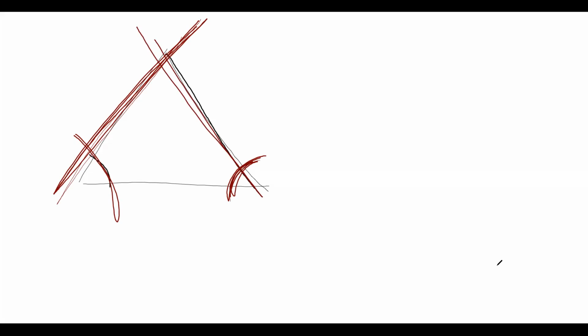And I told you now that this angle is equal to this angle. Can we conclude that these two sides are congruent too? Yes, teacher, according to theorem 4, 4.